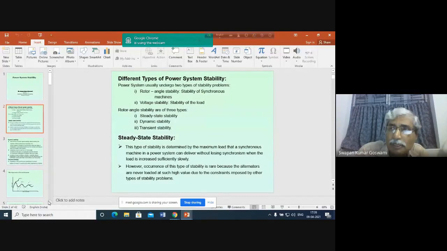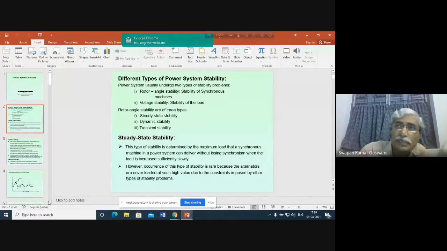This was our assumption in frequency control because frequency of a system can be controlled if and only if change in frequency is very small. If change in frequency is quite large, then you cannot control the frequency, because then it is not a problem of frequency control at all.